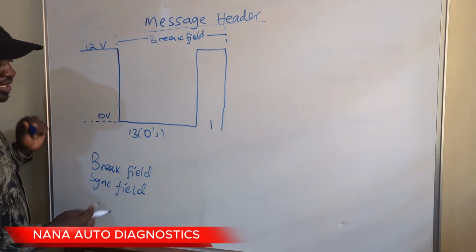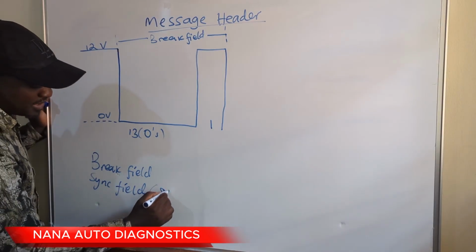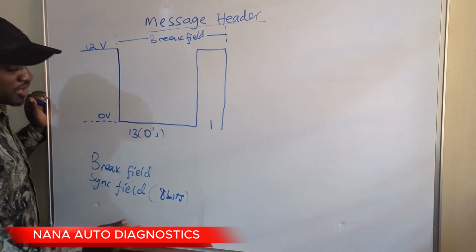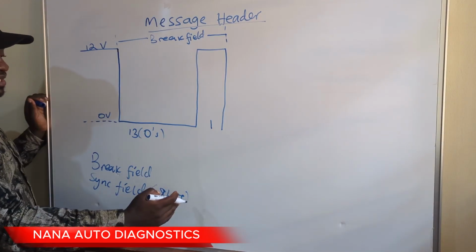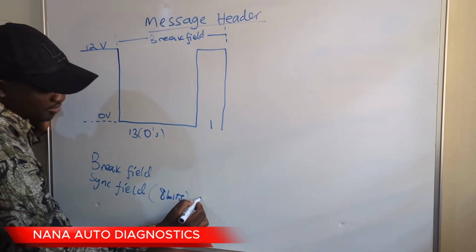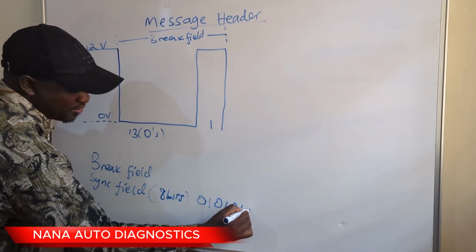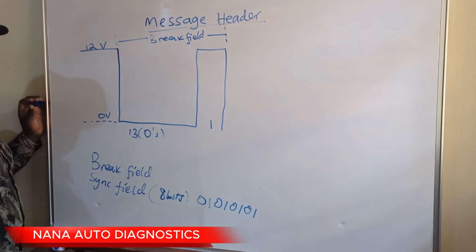And this is made up of 8 bits, which are sandwiched between the start bit and the stop bit. And these 8 bits are usually 0, 1, 0, 1, 0, 1, 0, 1.